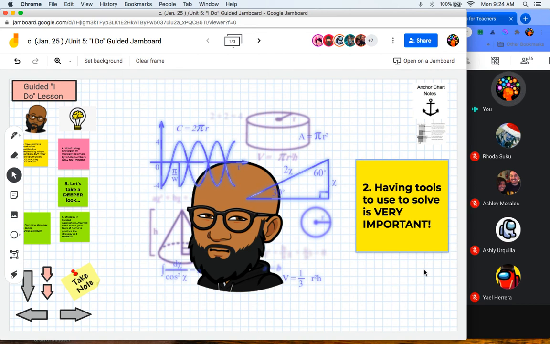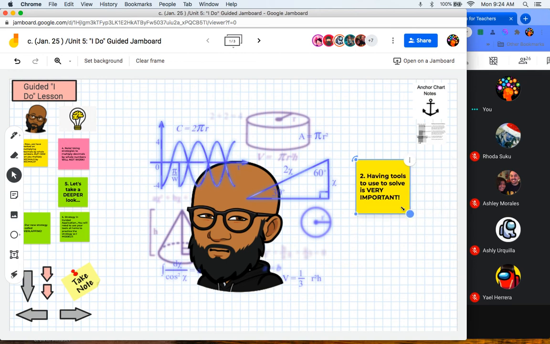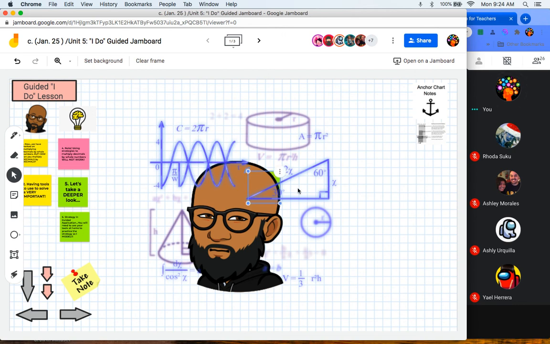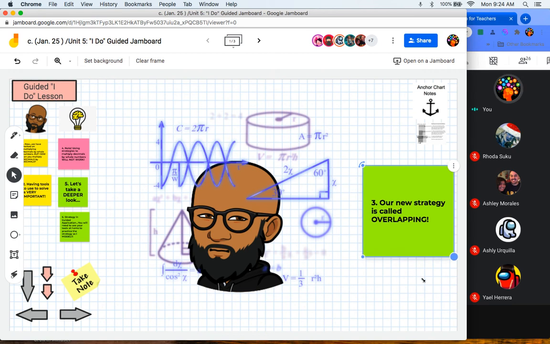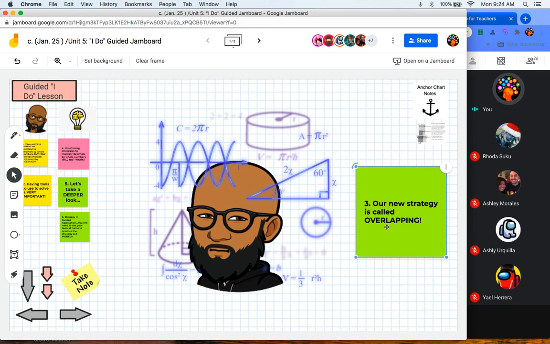Having tools and strategies to use is very important because great mathematicians use appropriate tools strategically. One key word with our strategy that I want you all to really pay attention to is what's called overlapping. When your two factors overlap, you get your product.